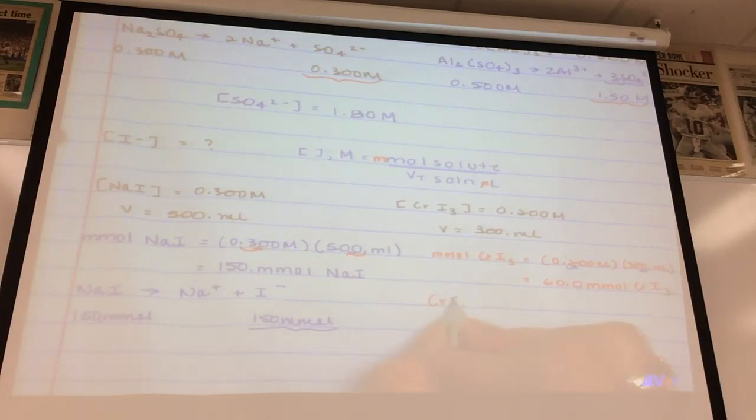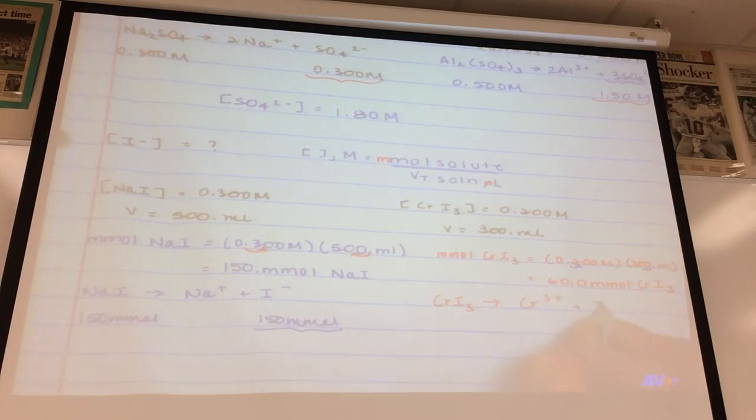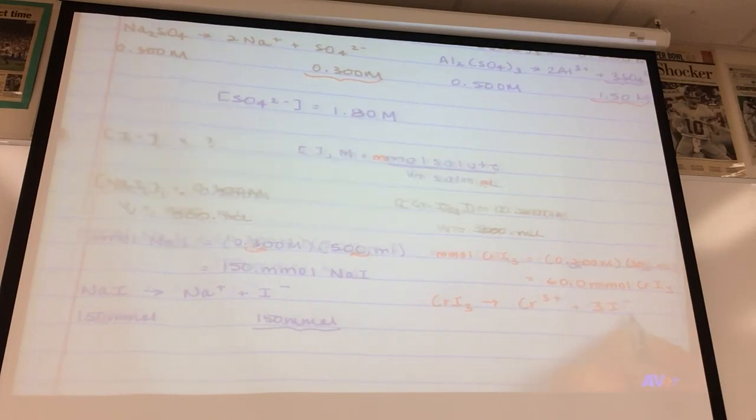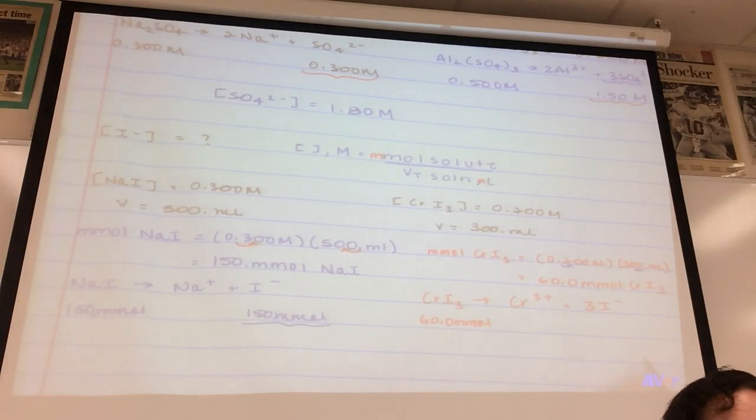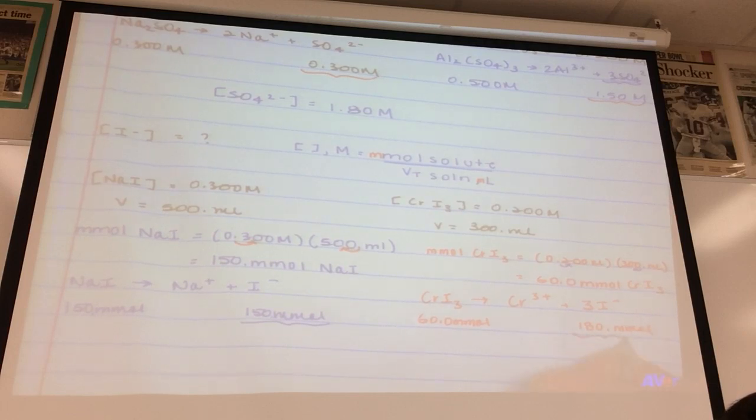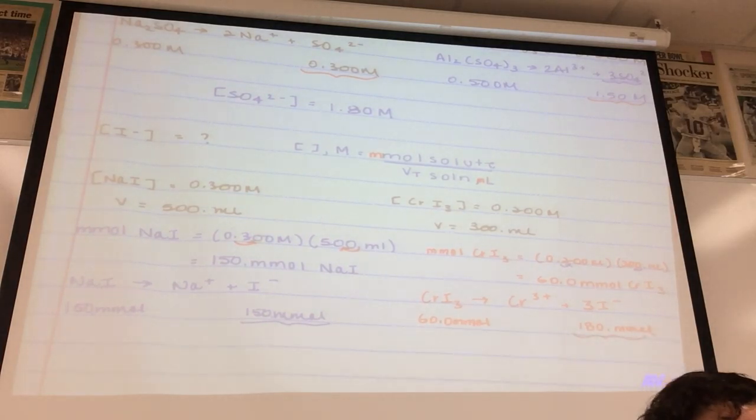From the equation, I've got chromium-3 ion and 3 iodide ion. If this is 60 millimoles, what's the iodide? 180. Second piece of the puzzle.